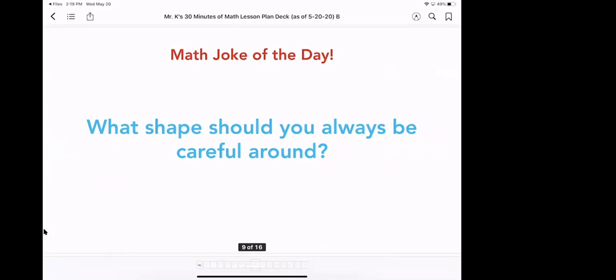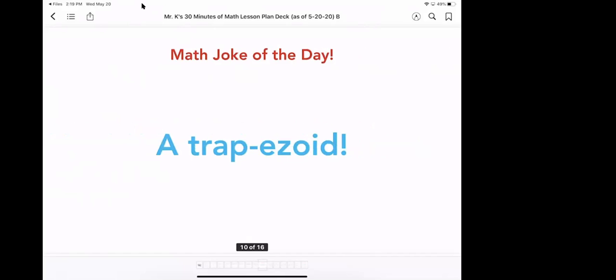Well, let me see. Tyrell says a rectangle. That's an interesting one. Wasn't exactly what I was thinking of, but playing on the phrase rec. We did have rectangle as an answer for an earlier joke, but let's see what the answer is. Ready? A trapezoid, because you could always fall into a trap. I think that one's pretty good.